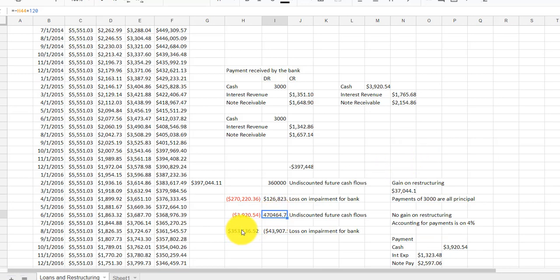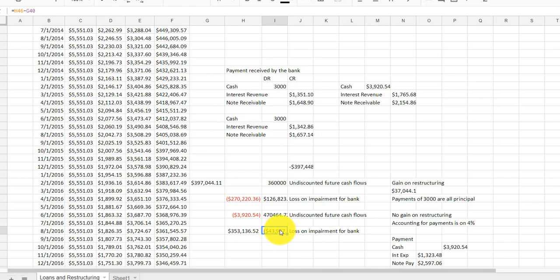However, at the bank side, they're going to again take the present value of those future cash flows. The future cash flows is $3,921.54 a month. Take the present value, but use the old interest rate, the original interest rate of 6%. Figure out that present value, compare it to the original loan amount, and they have a loss.